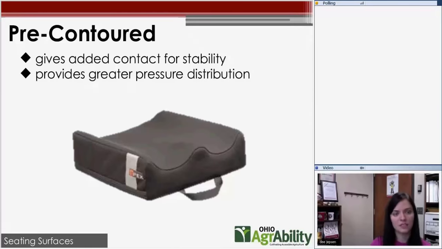The next is pre-contoured, which is like a prefabricated seat. This gives added contact for stability. As you can see in the picture here, there are some lateral supports and also a support between the legs, again just to achieve that upright 90-degree posture.